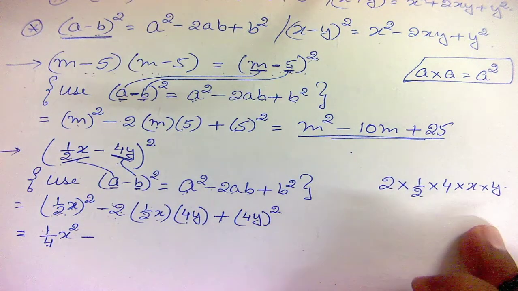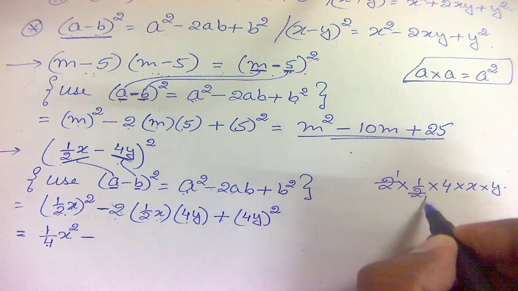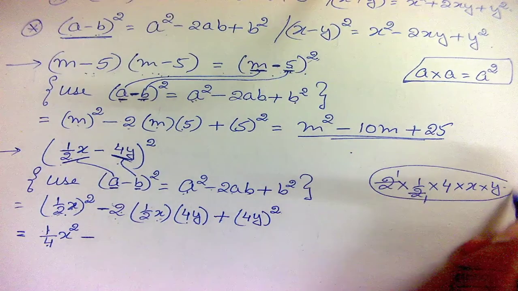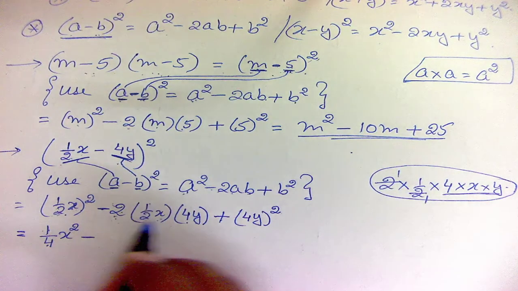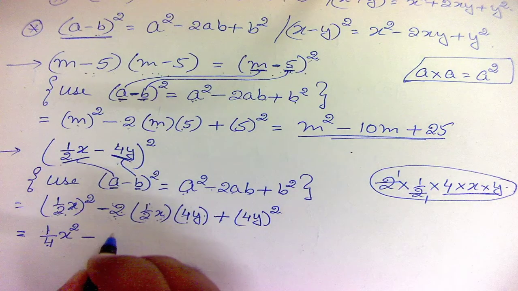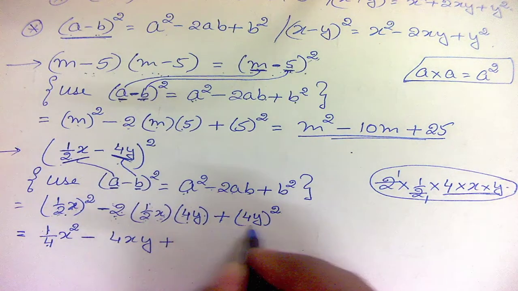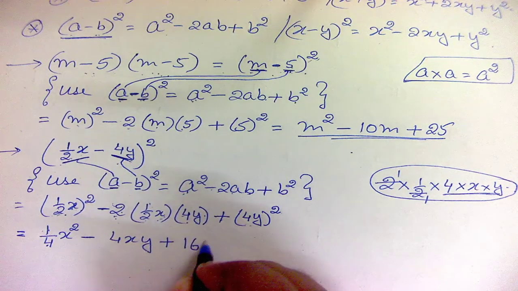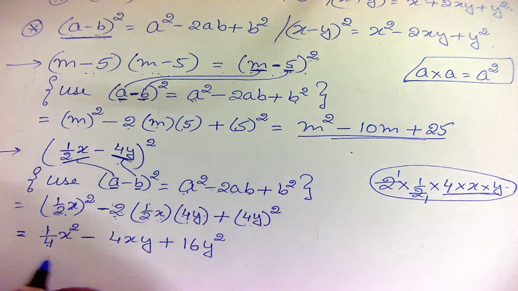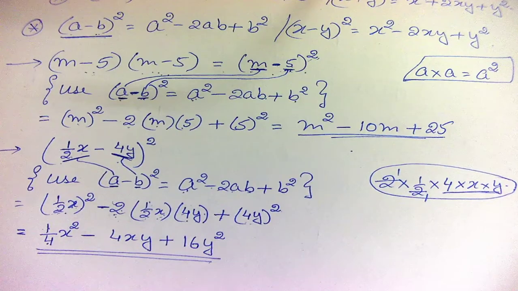If you do this, then 2 and 2 will be simplified and you are left with only 4xy. So 2 multiplied by 1/(2x) multiplied by 4y gives you 4xy, plus the square of 4y: the square of 4 is 16 and the square of y is y squared. So this is the result you get.